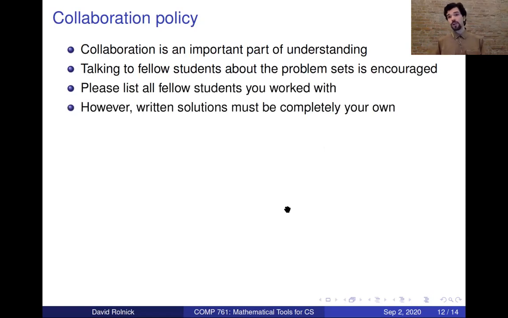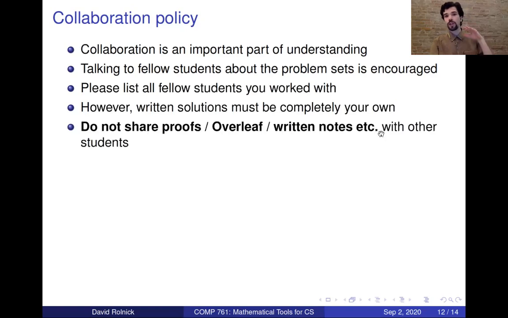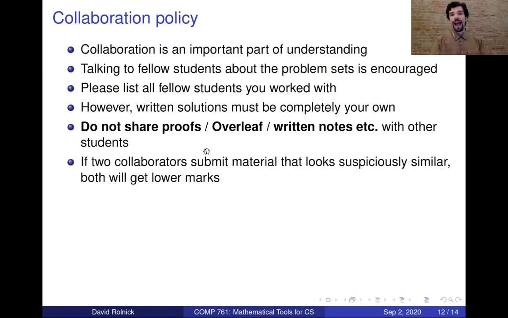However, written solutions have to be completely your own. You should not share proofs or Overleaf or written notes of any form with other students. I'm pretty good at working out when material looks suspiciously similar between proofs. So please don't submit proofs that look very similar, even if you've changed variable names or something.